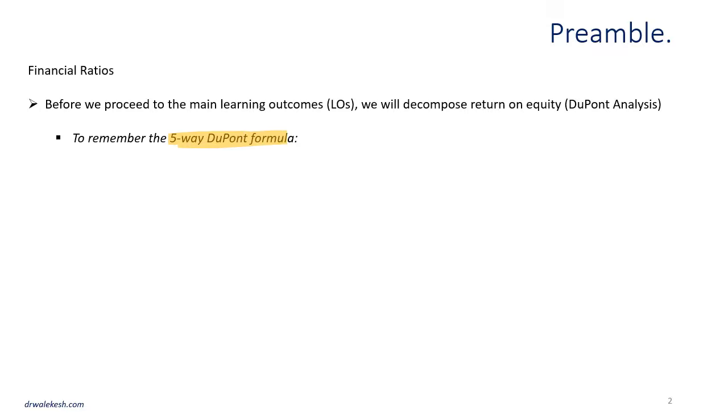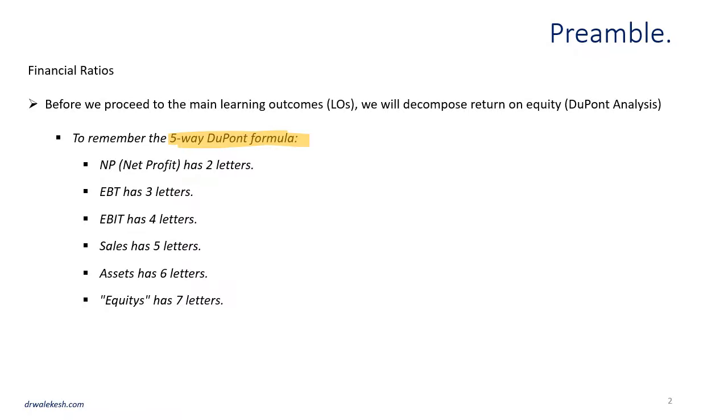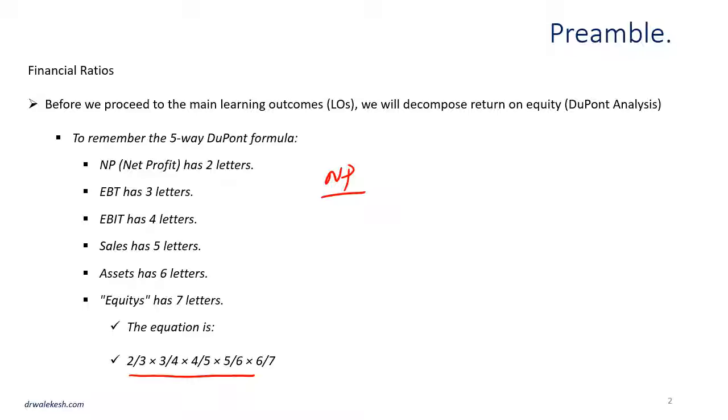To recall the 5-way DuPont formula, I make use of these letters. NP, that is net profit, has 2 letters. EBT, that is earnings before tax, has 3 letters. EBIT has 4 letters. Sales has 5 letters. Assets has 6 letters. Equities has 7 letters. So I make use of this equation. 2 over 3. NP has 2 letters over 3.